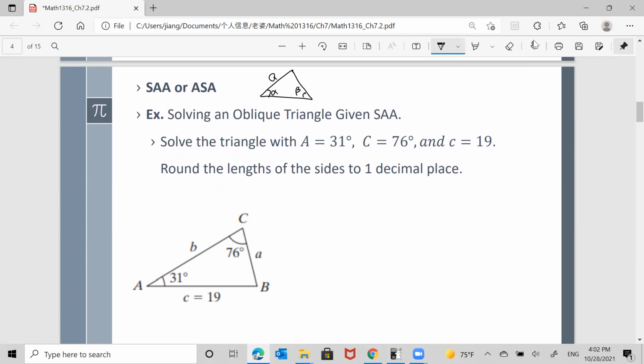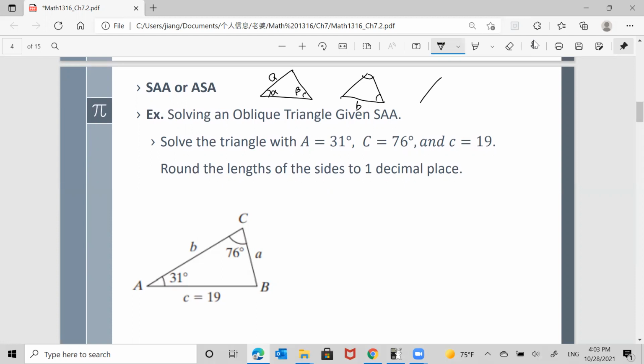So the order is side, angle, angle. It means a side, the angle next to the side, and then the angle next to that angle.